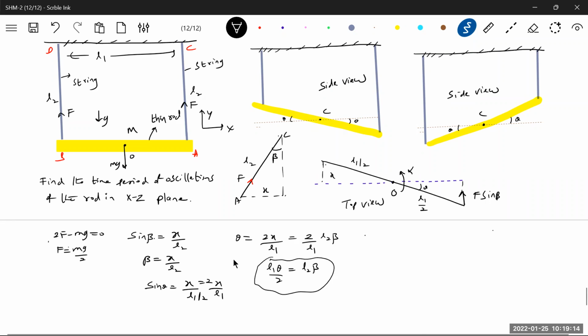The torque equation will be F sine beta into L1 by 2 cos theta, two times, because both forces, here F sine beta and here also F sine beta, about O. This should be equal to the moment of inertia of the rod about O into alpha.